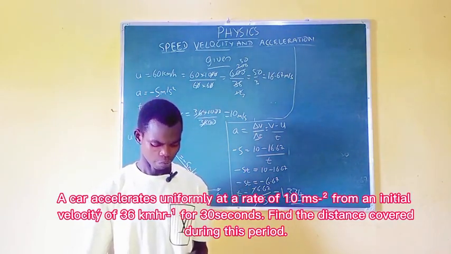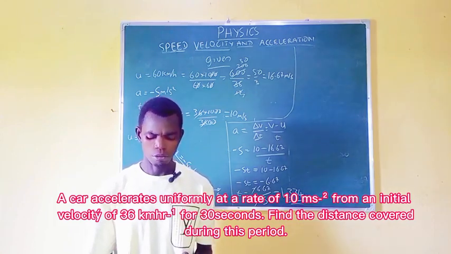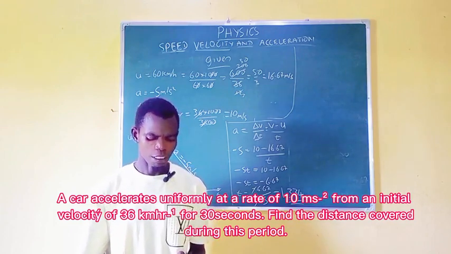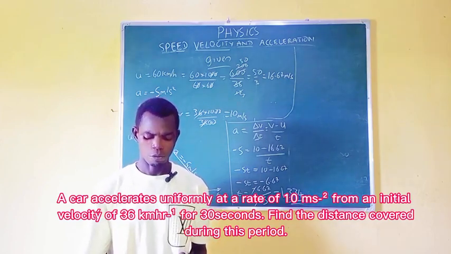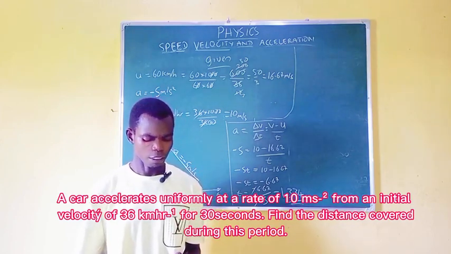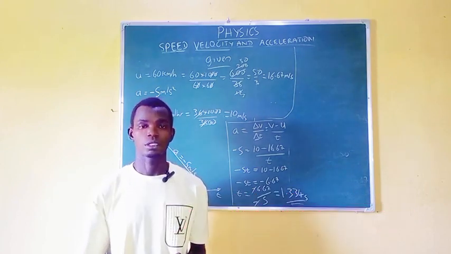Question 5. A car accelerates uniformly at a rate of 10 meters per second square from an initial velocity of 36 km per hour for 30 seconds. Find the distance covered during this period.